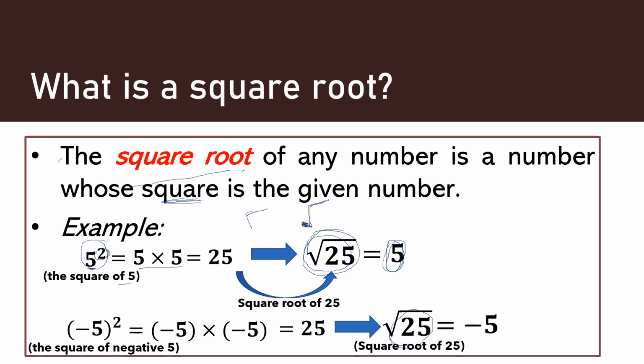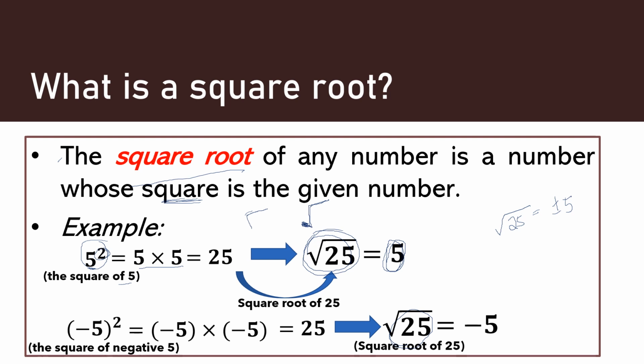This means that the square of a number can come from a positive and a negative number. So in this case, the square root of 25 is positive or negative 5. It depends on whether it is asking for the negative root or positive root, so you choose between these two.